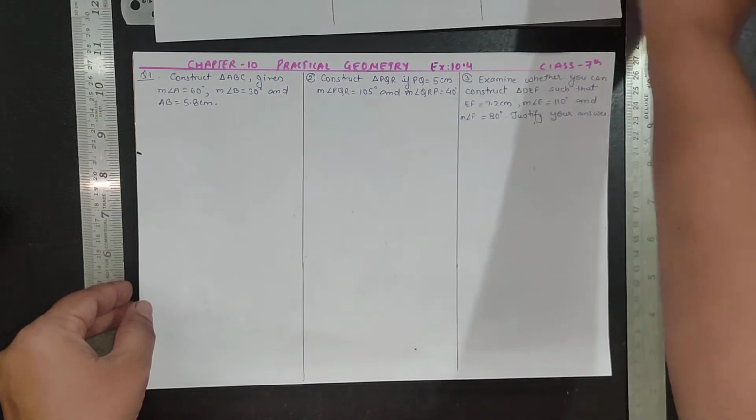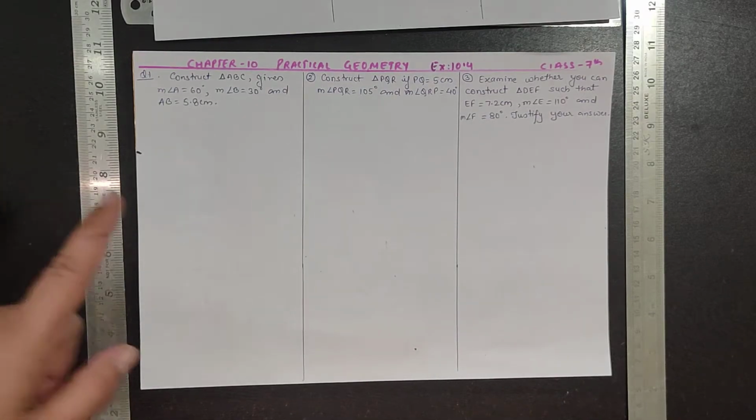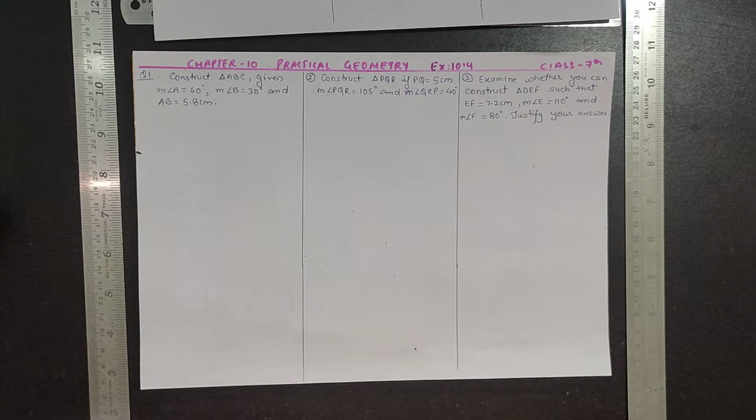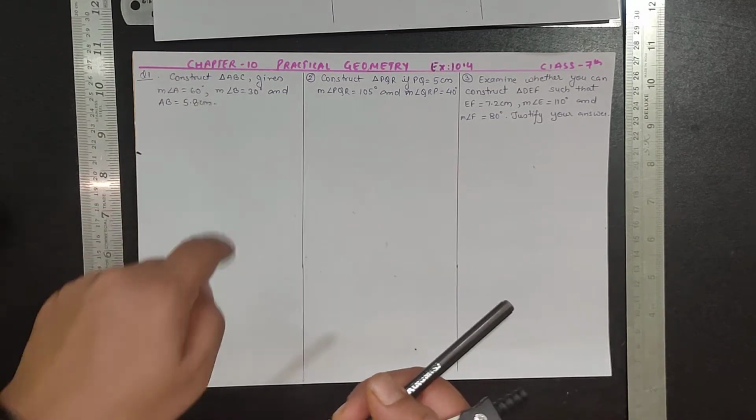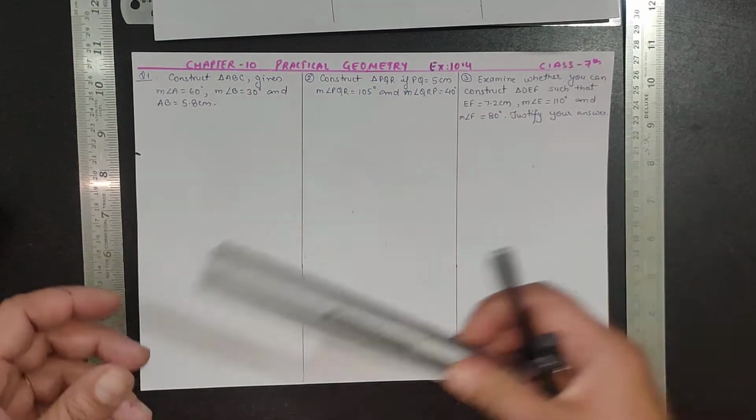Now we will be doing 10.4. In 10.4 you need to construct different kinds of triangles. So let's start with that. You have to construct triangle ABC where angle A is 60 degree, angle B is 30 degree and AB is 5.8.